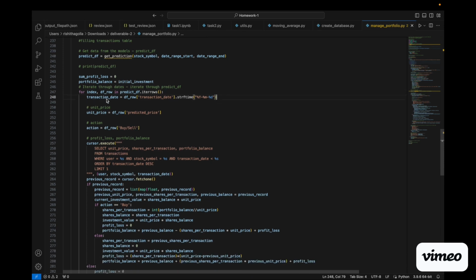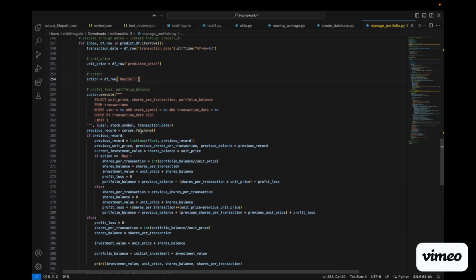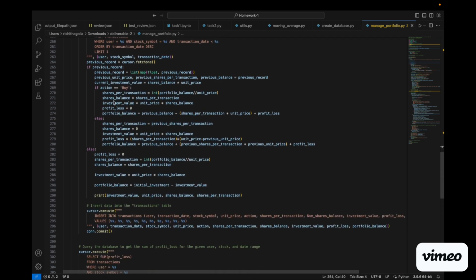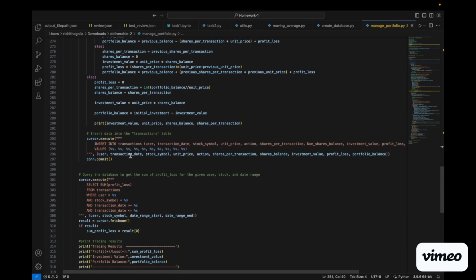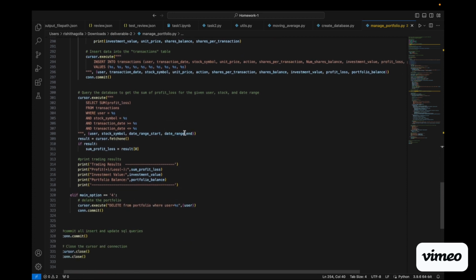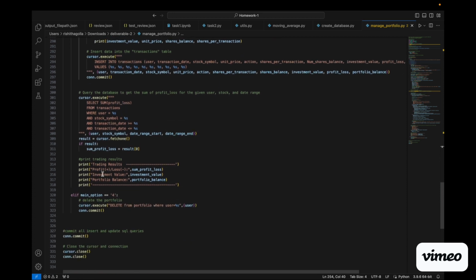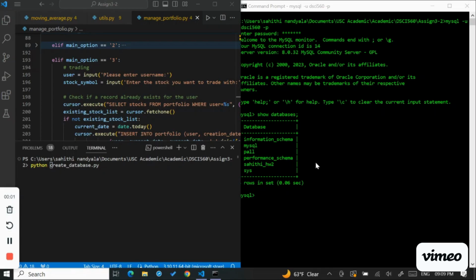We do the transaction on those dates, get the unit price, and perform this particular action, either buy or sell, and get all the different column values for one record of the transaction table, like profit, loss, portfolio balance, using the appropriate formulae, and finally insert the record into the transaction table. After inserting all the transactions into the transaction table, we print profit, loss, investment value, and portfolio balance for the user.